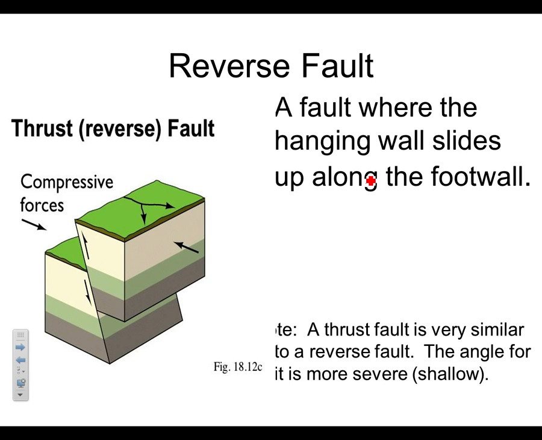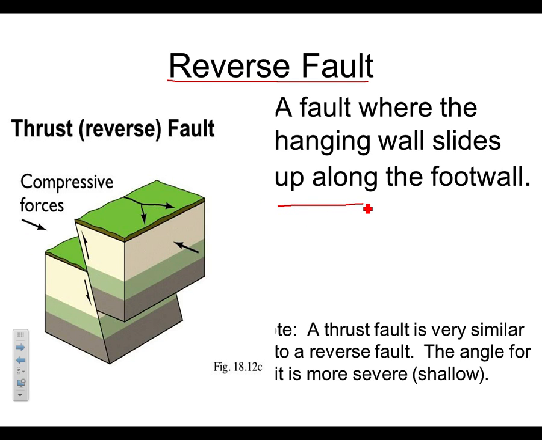Reverse fault is the opposite. Just a fault where the hanging wall slides up along the footwall. So you can write that for your definition: a fault where the hanging wall slides up along the footwall. And then find a place on the back, and we're going to draw a picture of a reverse fault. So go ahead and label your picture reverse fault. We're going to be drawing this picture, but we can draw it a little bit more simply.